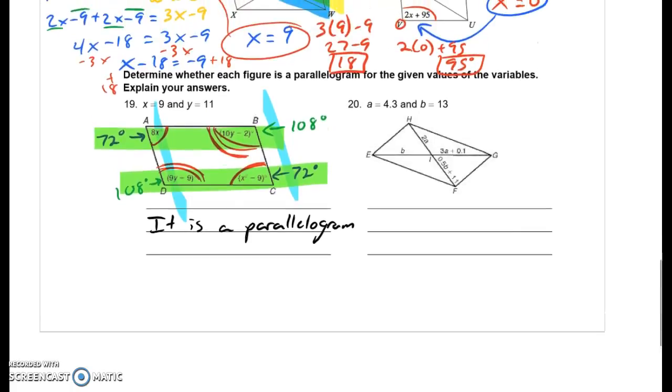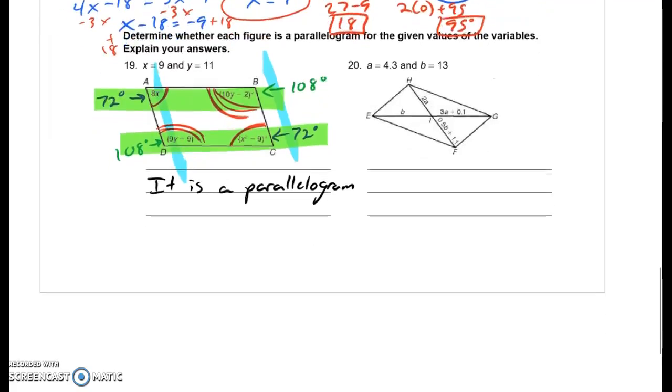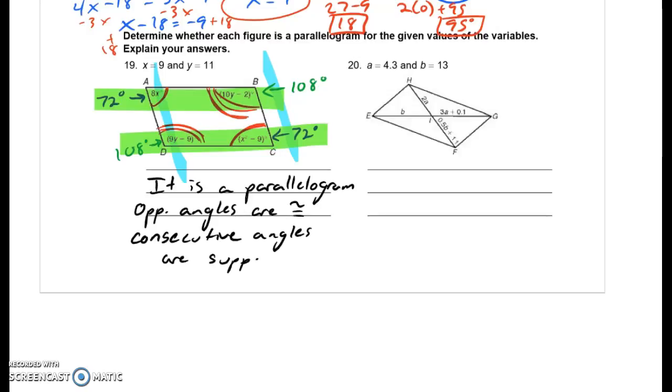It says explain your answer, but if you can show me all this work, you explained it. Because opposite angles are congruent and consecutive angles are supplementary.